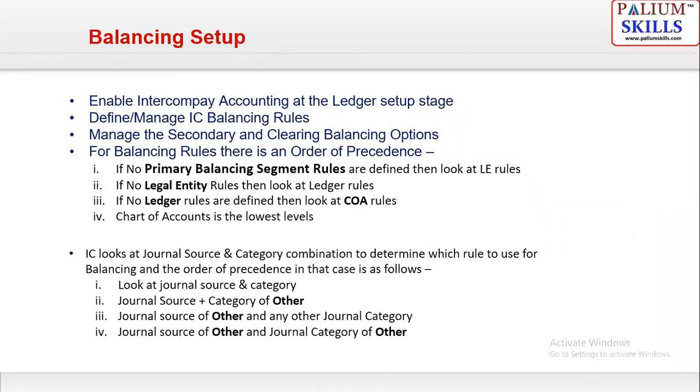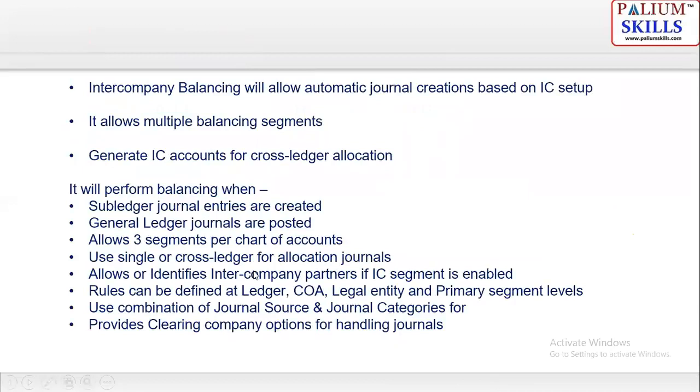There is a hierarchy that applies for the balancing rules, an order of precedence. We said rules can be defined at ledger, chart of accounts, legal entity, and primary segment levels, four levels.